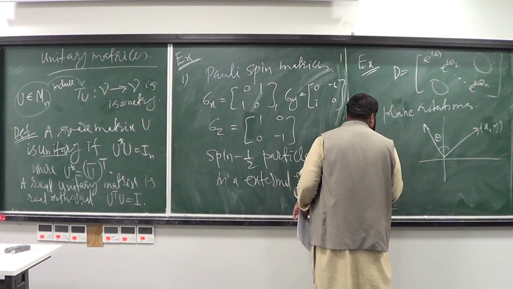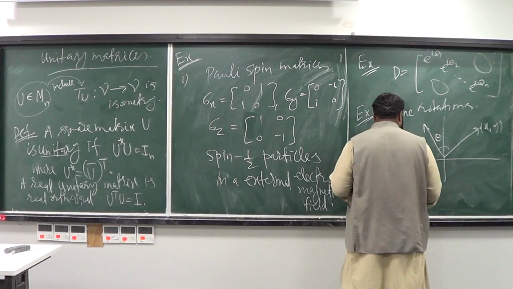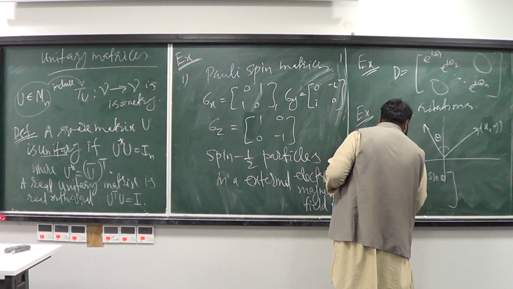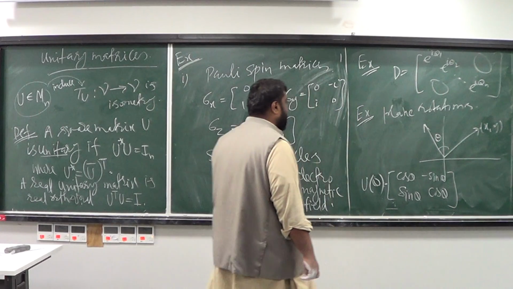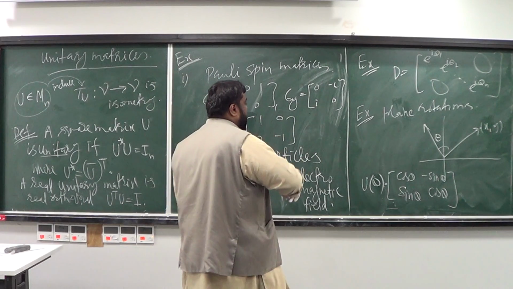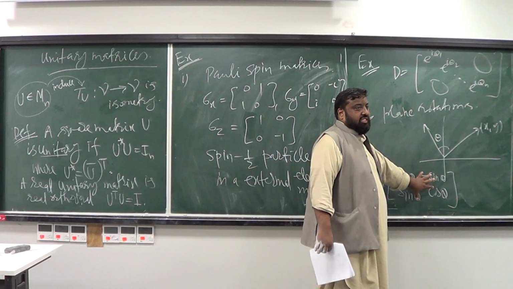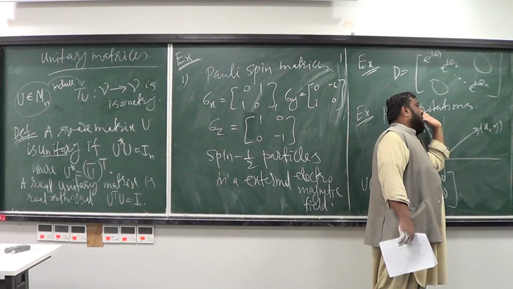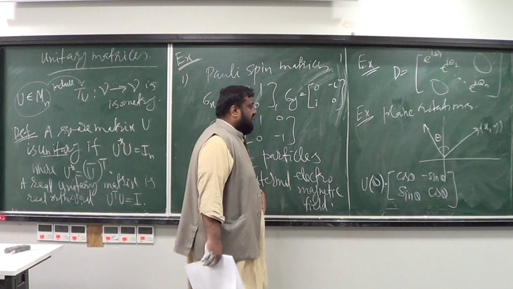So the U of theta goes like cos theta, minus sine theta, sine theta and cos theta. If you multiply a vector by this matrix, it is going to rotate it by an angle, say, 90 degrees.